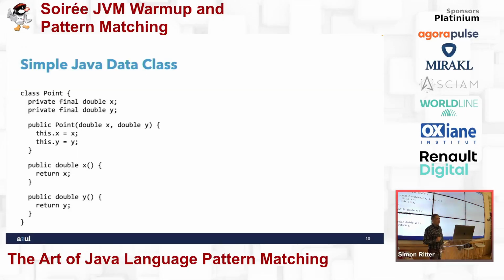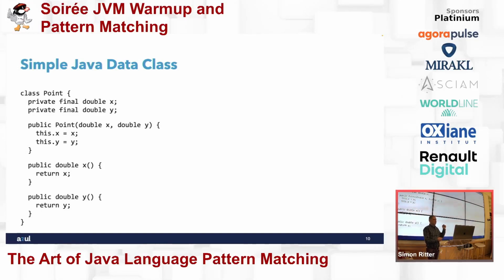First thing there. We do this a lot in Java, which is we create simple data classes. Example here, point. Point consists of two values which are doubles, x and y. To do that, we need to create a class called point. We then have two instance fields, private final double x, double y.